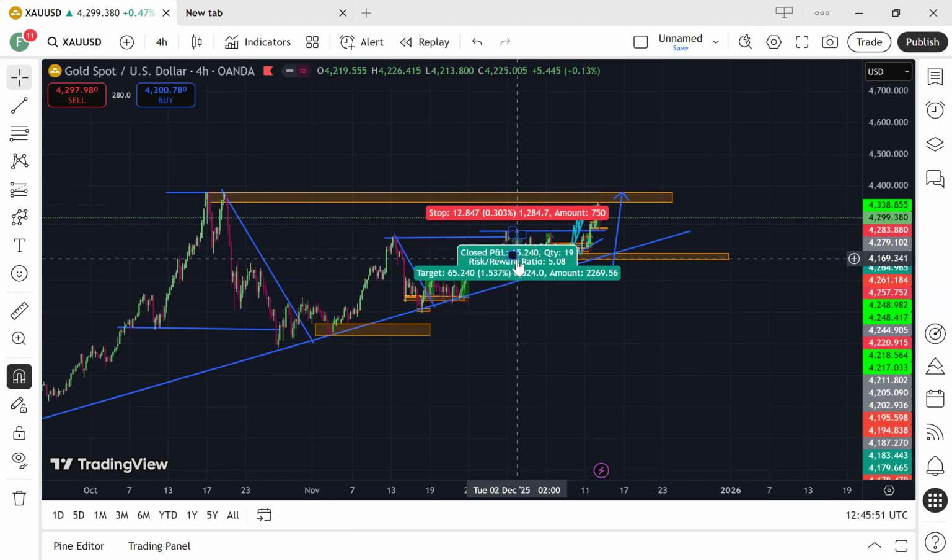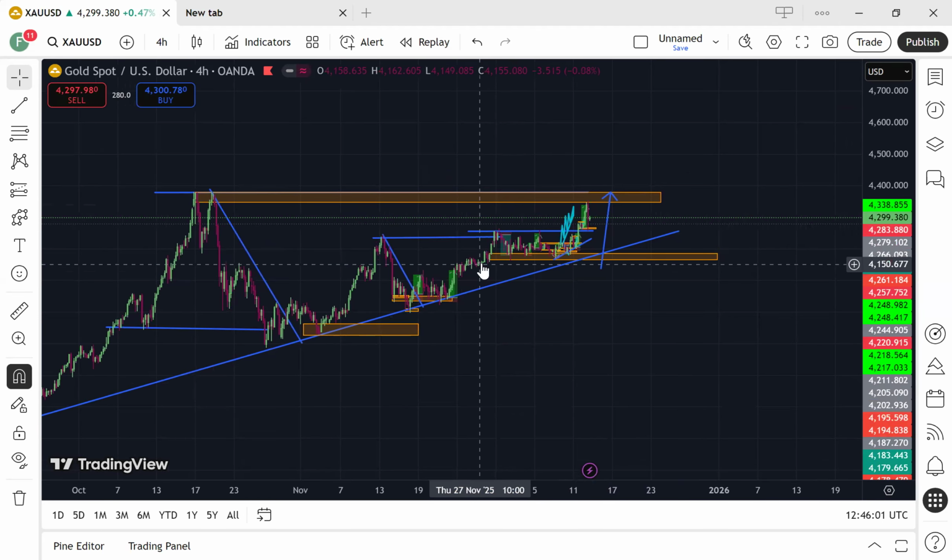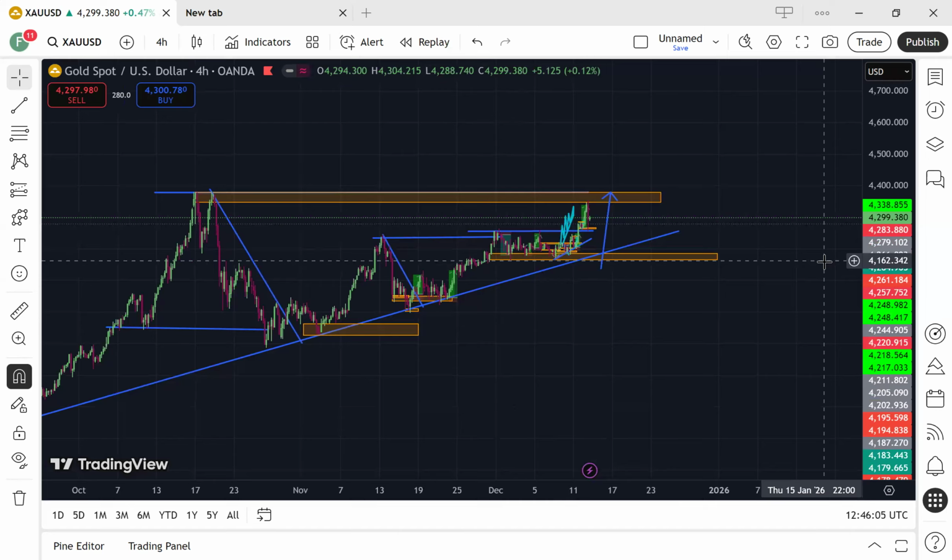Anytime we break below this 4,160 something, we enter the new downtrend. Can you see that? 4,155. Go and check it on your own later. If eventually we break below this 4,157 or 50 something, we are automatically on a downtrend.